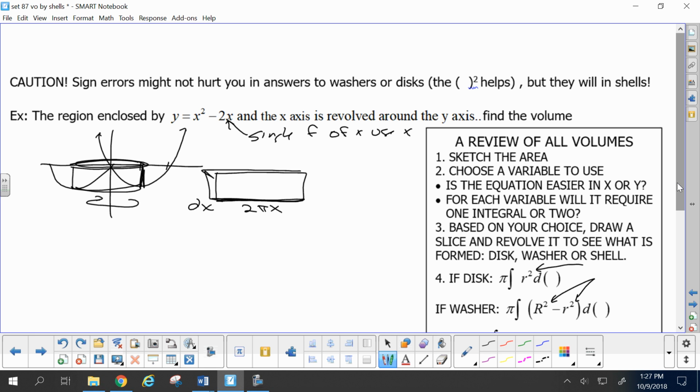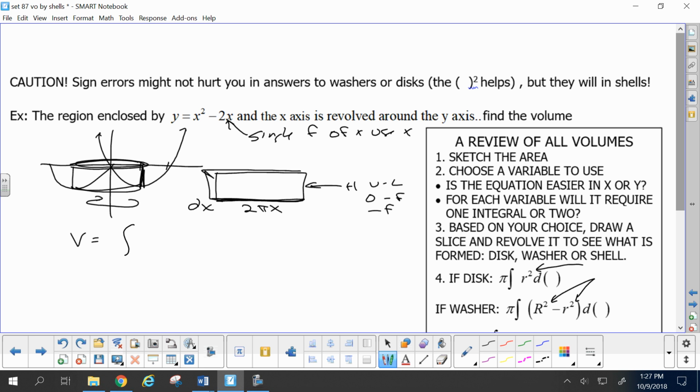And the height is the function, right? Wrong. The negative of the function, because the function is negative. And if you just go 2 pi function, you will get a negative volume guaranteed. The function is negative. This height is upper minus lower, or 0 minus the function, or the opposite of the function. You've got to deal with that one.